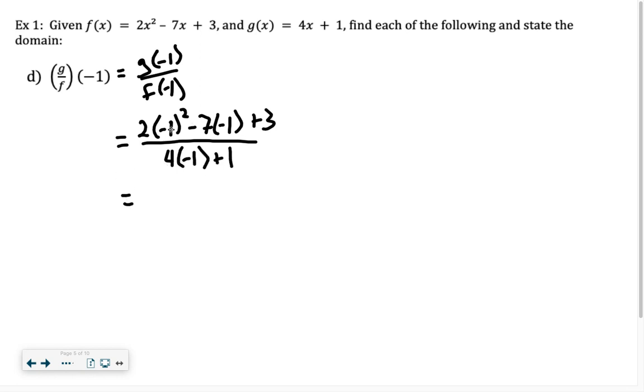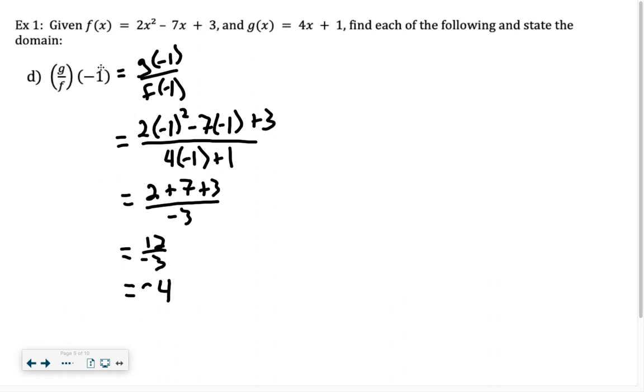So -1 squared is 1, times 2 is 2, -7 times -1 would be +7, plus 3, over -4 plus 1 would be -3.